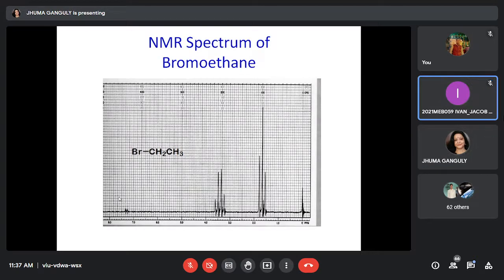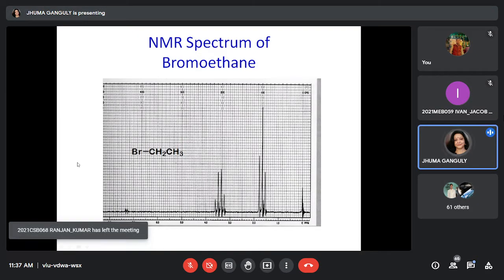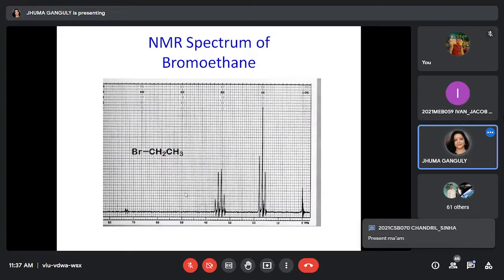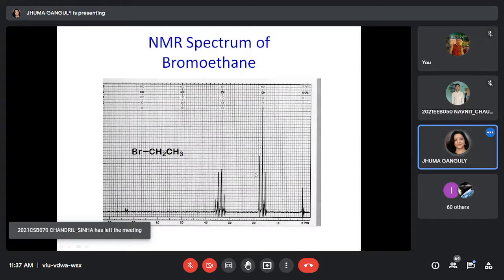So quartet. So obviously CH2 appears in quartet form. You can see this is the quartet, this is CH2. And for CH3, how many neighboring protons? For each CH3, 2. So n plus 1 is 3. So triplet, you will see this nicely. So this is the methyl peak for bromoethane and this is the methylene for bromoethane.